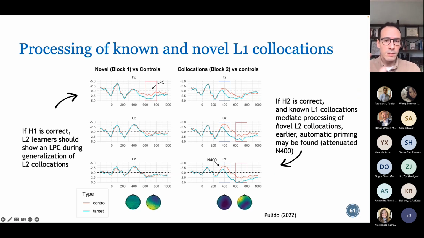All right, so this also allows us to test these two hypotheses in the sense that if generalization follows a time course similar to the first language generalization, we might expect a late positive component to be elicited during processing of novel collocations. If, on the other hand, learners are able to exploit the knowledge from the first language, where they already know the collocations, they wouldn't need to make a new generalization, right?